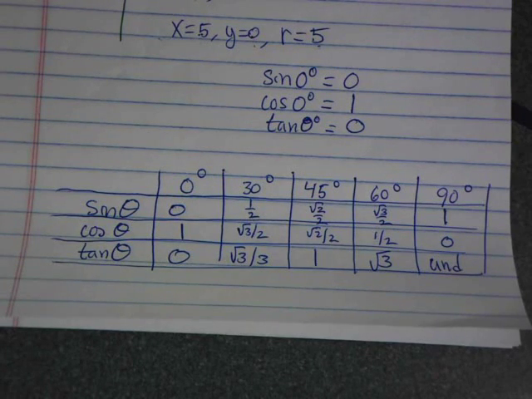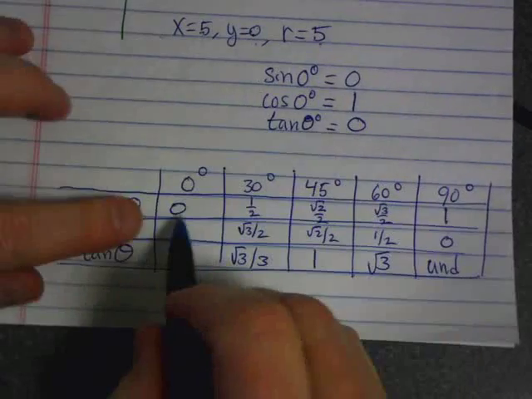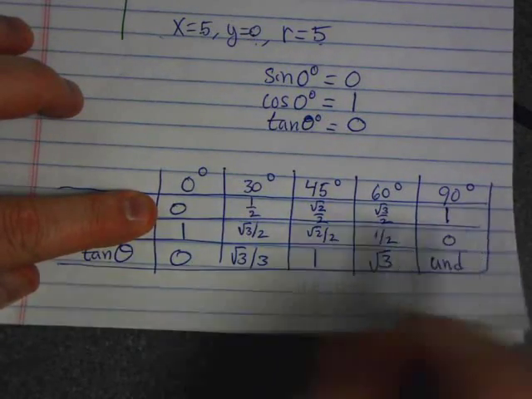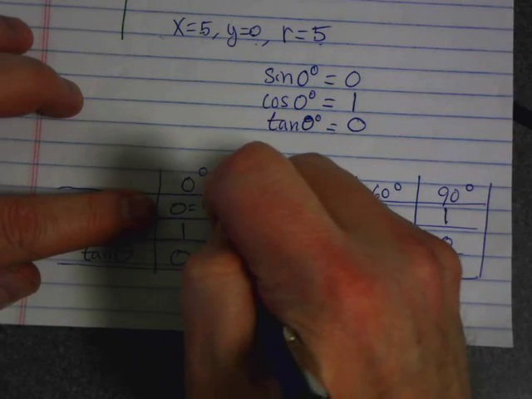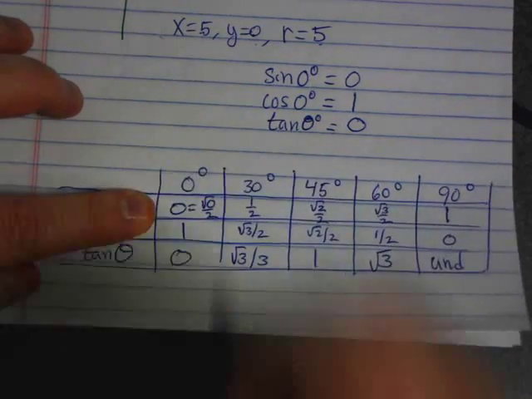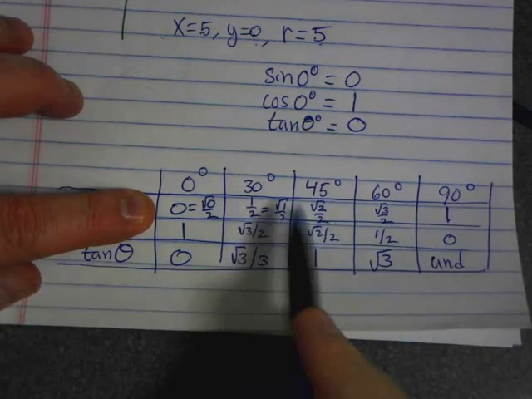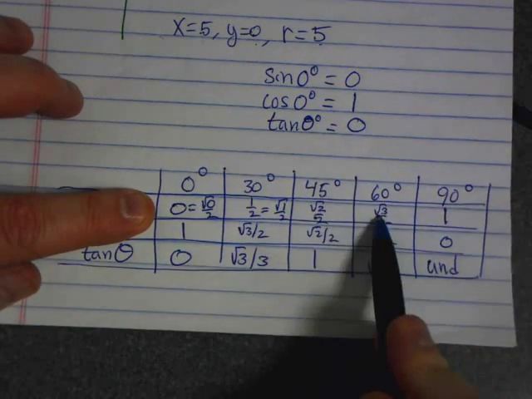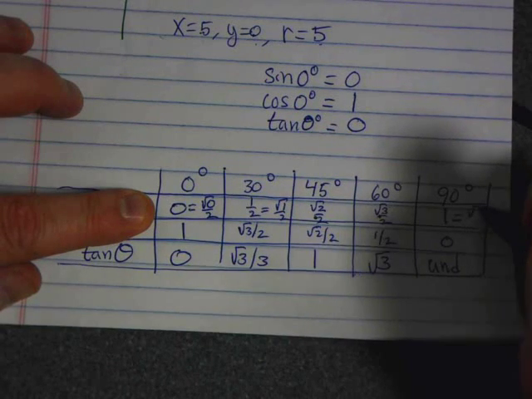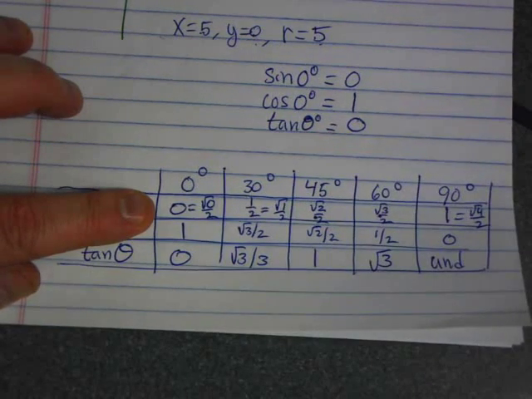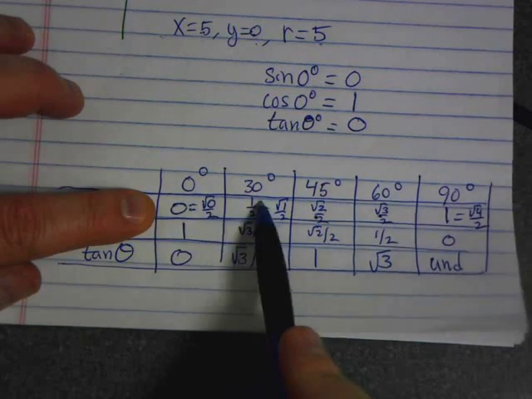And that same teacher who went to Albany State Teachers College, here's what he taught the whole class to remember the sine. Sine goes square root of 0 over 2, square root of 1 over 2, square root of 2 over 2, square root of 3 over 2, square root of 4 over 2. So you can remember the sine by simply going 0, 1, 2, 3, 4.